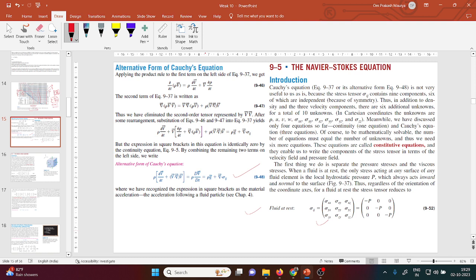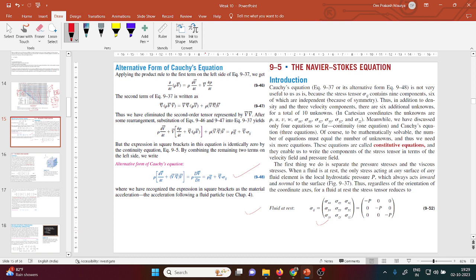The Cauchy's equation is not very useful because the stress tensor contains 9 components, and 6 of which are independent because of the symmetry. I think you know this very well. Thus, in addition to density and the 3 velocity components, there are 6 additional unknowns, for a total of 10 unknowns.